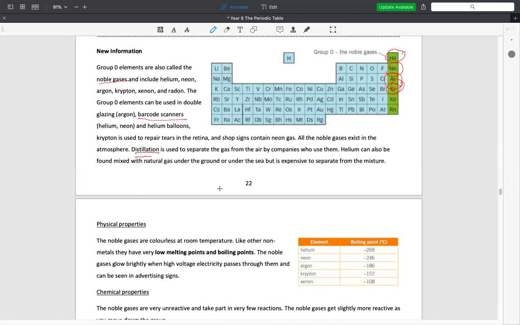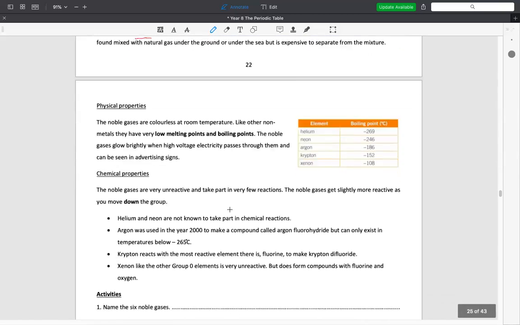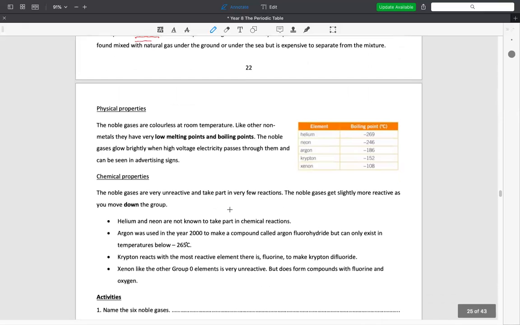So looking at the physical and chemical properties, just like we did with the rest of the groups, the physical properties, group 0 elements, so our noble gases, are colourless at room temperature. So all of them are colourless at room temperature. And like other non-metals, they have low melting points and low boiling points.